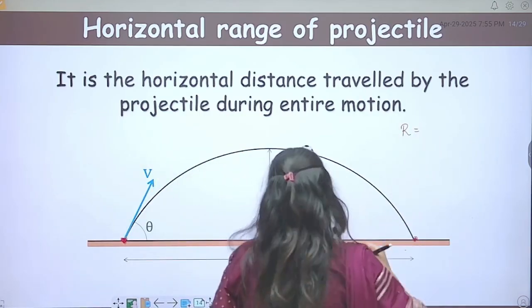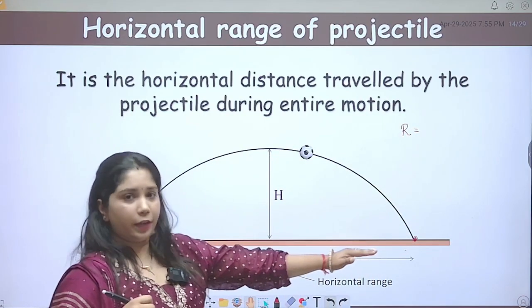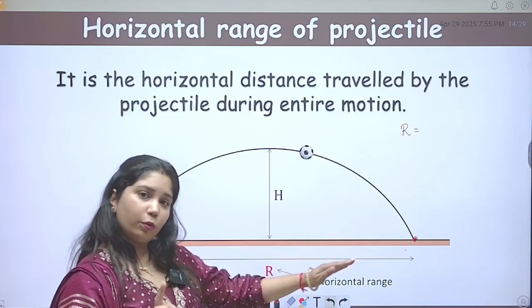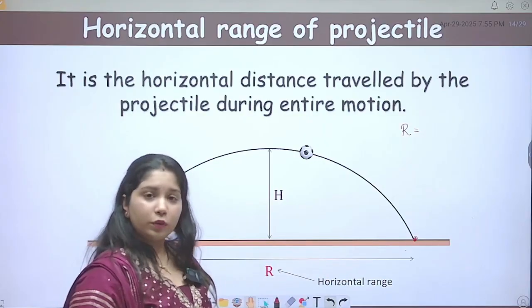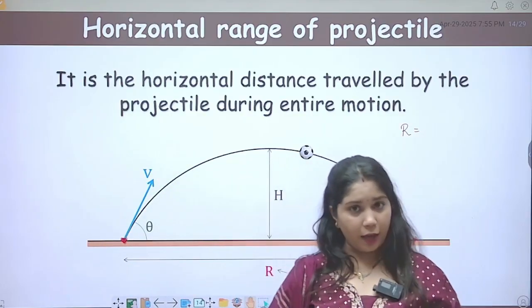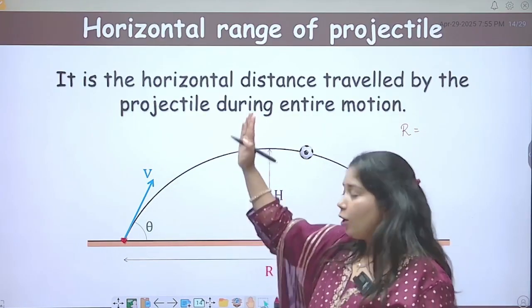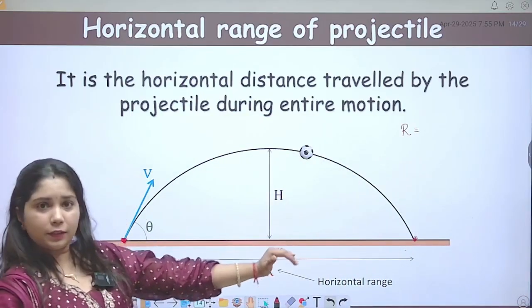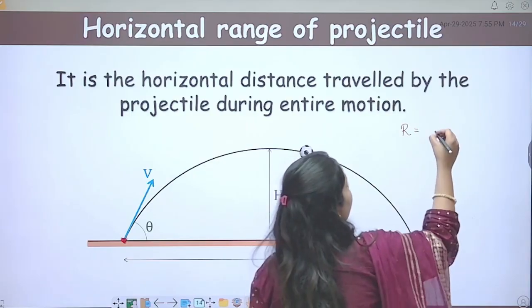Range is in x direction. For time of flight and for maximum height, you have to calculate along y direction. But for range, we calculate along x direction.